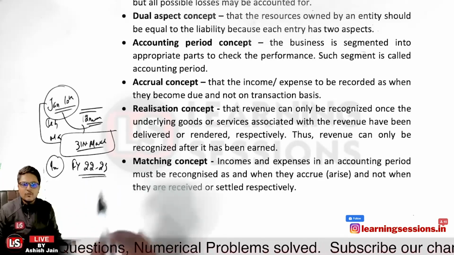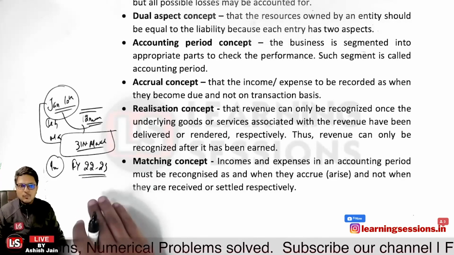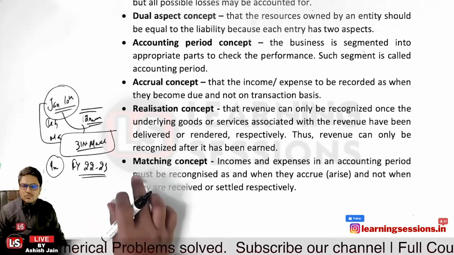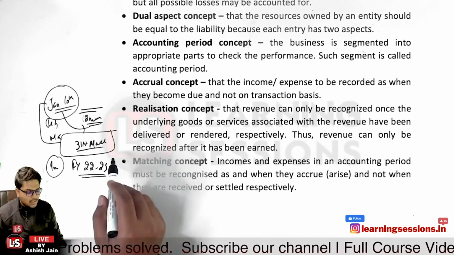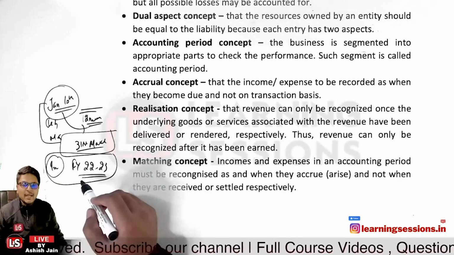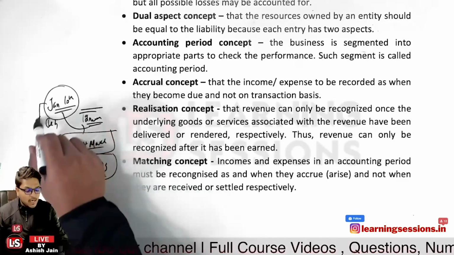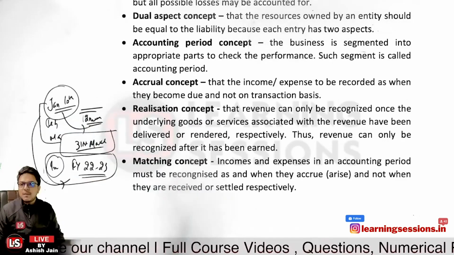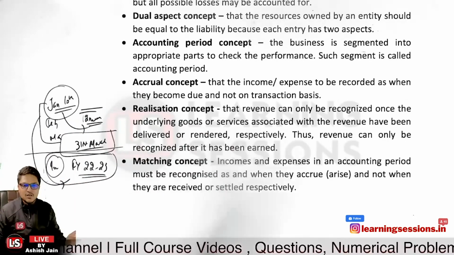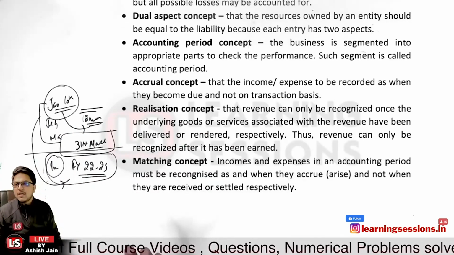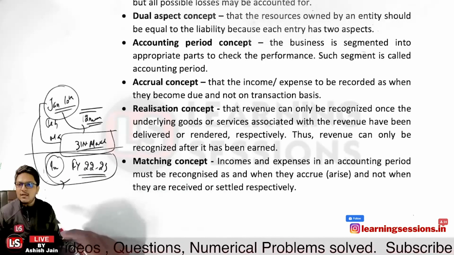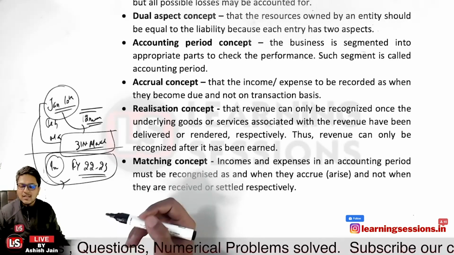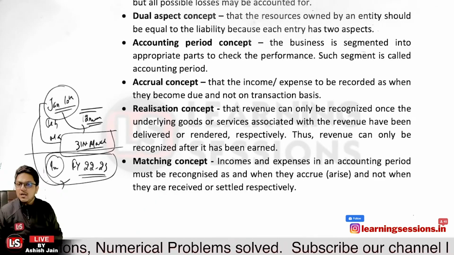Are you getting this particular point? Now at that particular stage, this expenditure related to the 9-month rent that you have paid in January itself must be accounted for in the next year's expenses, not in the current year's expenses, because otherwise it will not give you the clear picture of the profits, because this particular expense related to the 9 months of advance rent does not belong to the current year.